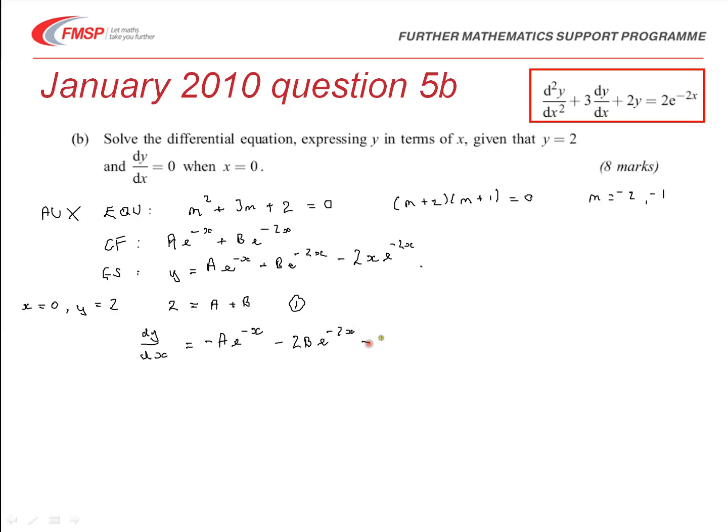The -2x gives us -2 e^(-2x), and then we differentiate the e^(-2x), so that's going to give us plus 4. I'm going to multiply it again by -2 there, x e^(-2x).